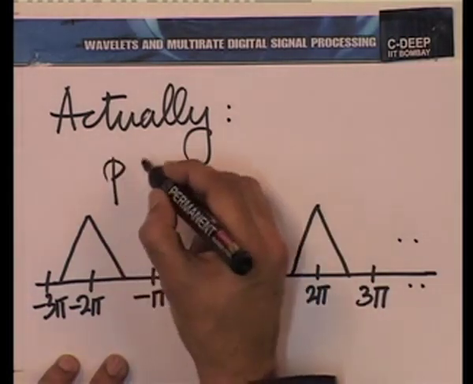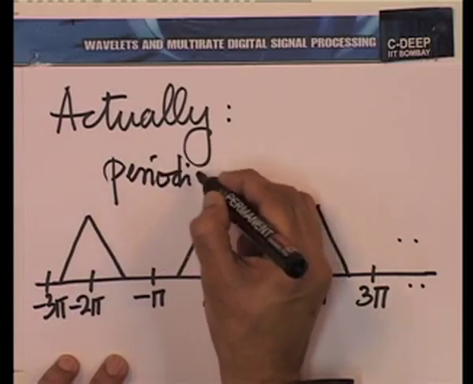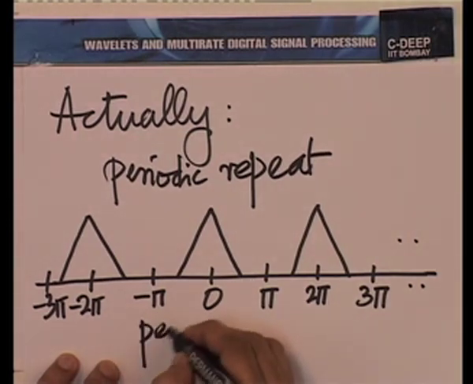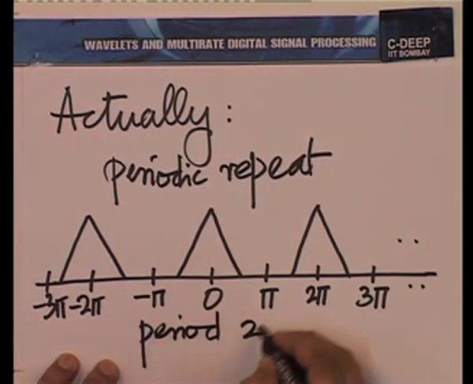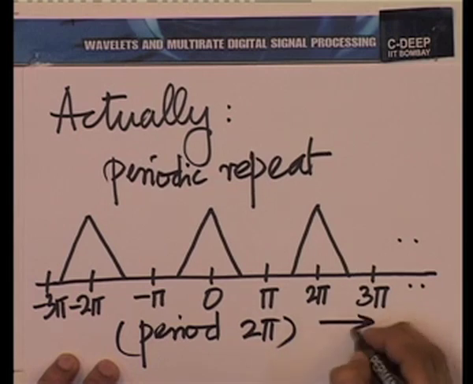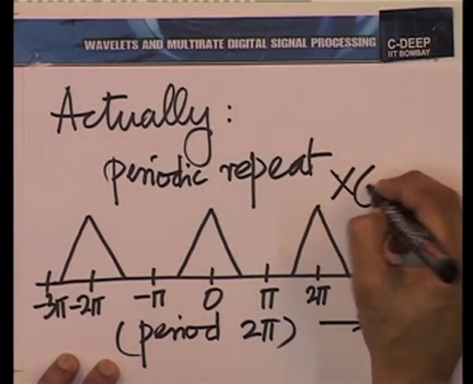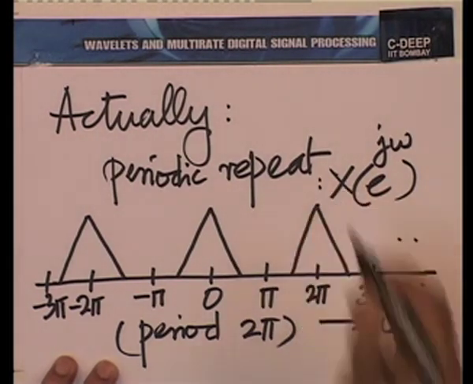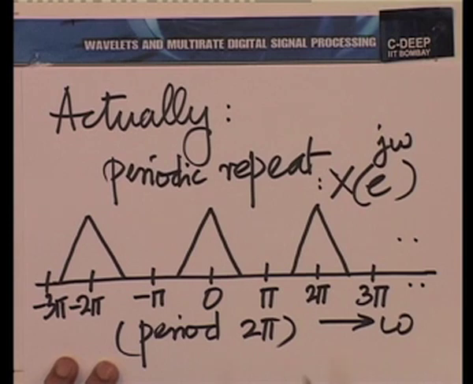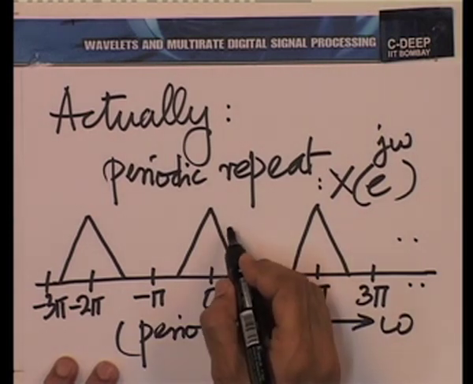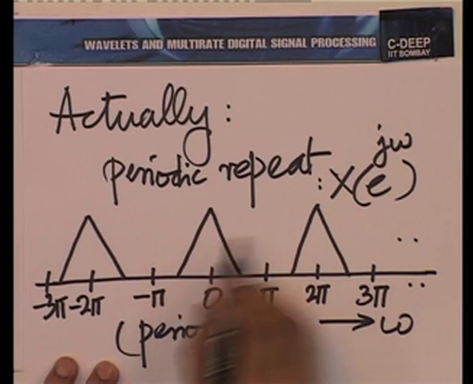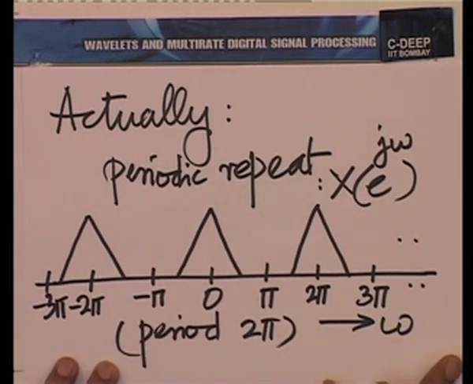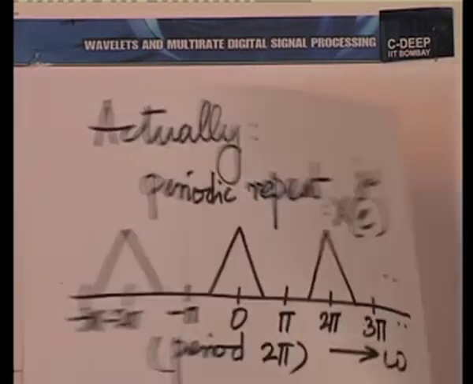Periodically repeat it with a period of 2 pi. This is what X of e raised to the power j omega actually is. So, you can visualize if you shift this either forward or backward by pi, it is going to give you the same thing, and what is going to appear after shifting by pi is the following.